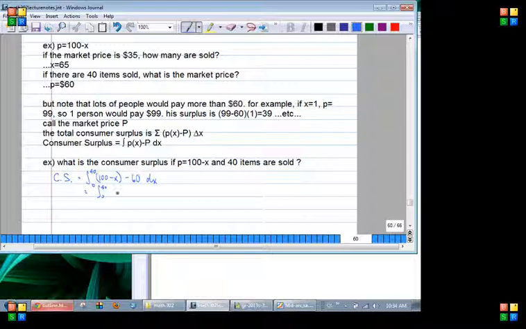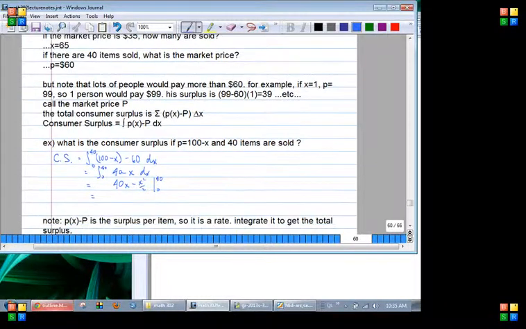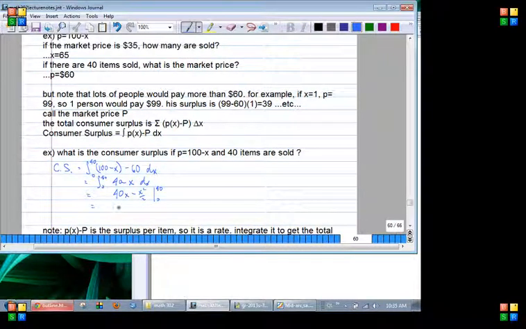So we just simplify this. This is the integral of 40 minus X dx. Naturally, once you have this set up, nothing in this particular problem is so difficult. This is, hopefully, a pretty easy integral to do. So 40x minus x squared over 2 from 0 to 40.